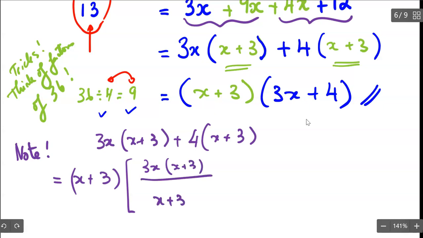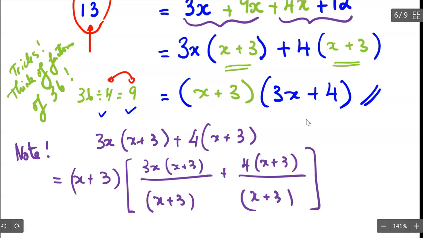It means you must divide this into your term. Okay? So the concept of mathematics is like this. So your original expression is equal to this. But then you change it by multiplying x plus 3 to this entire expression.